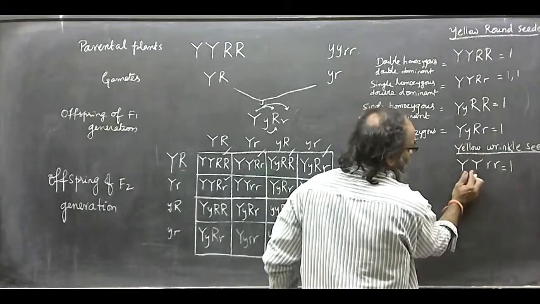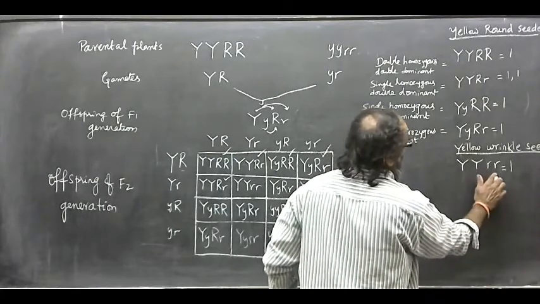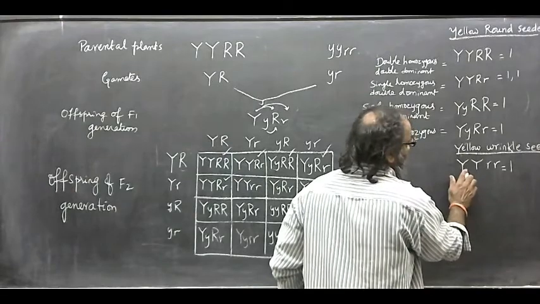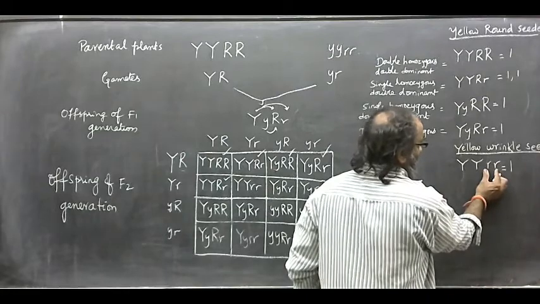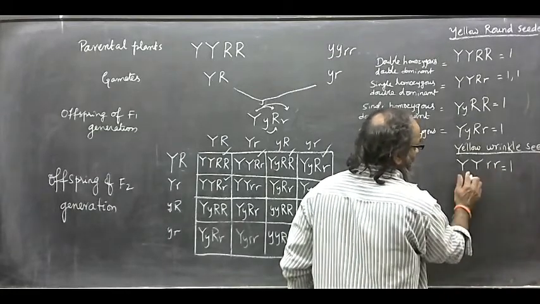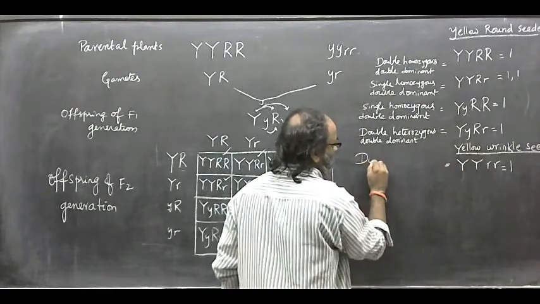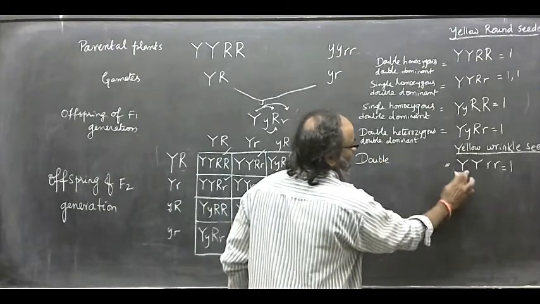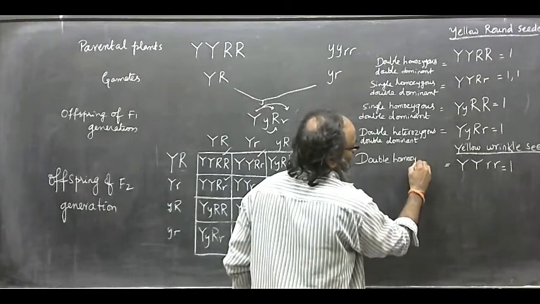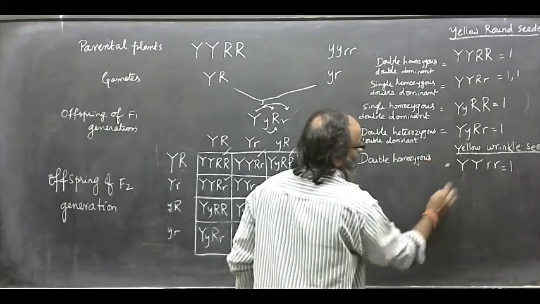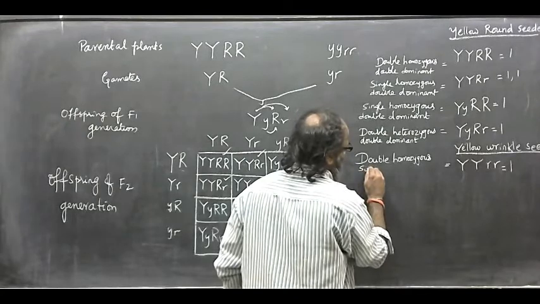It is also homozygous, double homozygous, but single dominant. Yellow is the dominant and wrinkled is the recessive. So it is double homozygous, single dominant, because only yellow is dominant here and wrinkled is recessive.